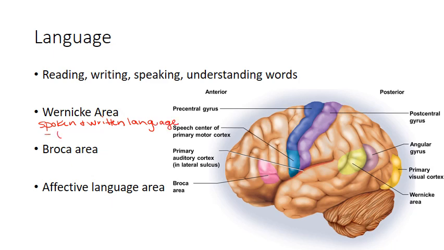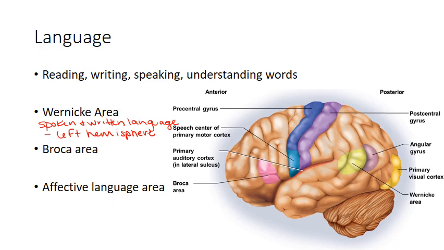It is usually only in the left hemisphere. So we don't see a ton of cases where just one of the hemispheres is responsible for a particular function. In this case, usually Wernicke's area is found only in the left hemisphere.